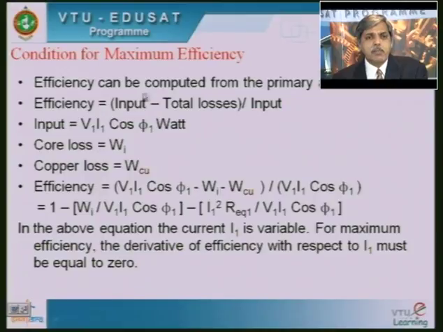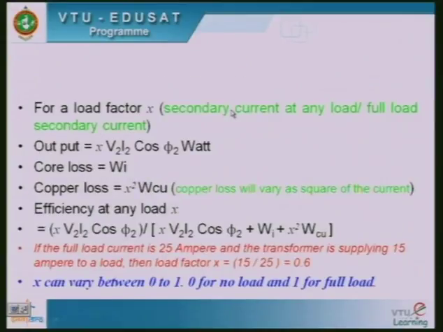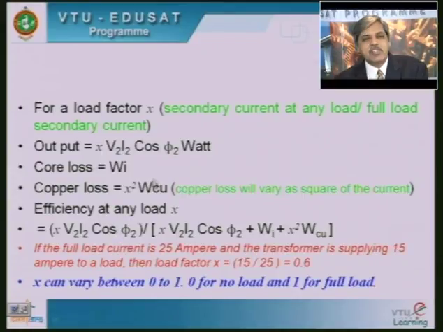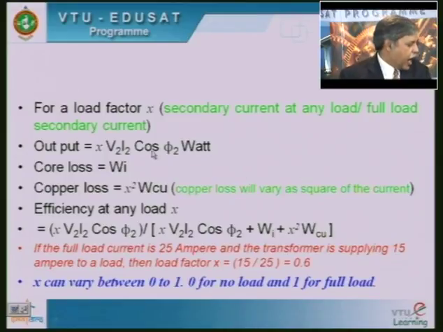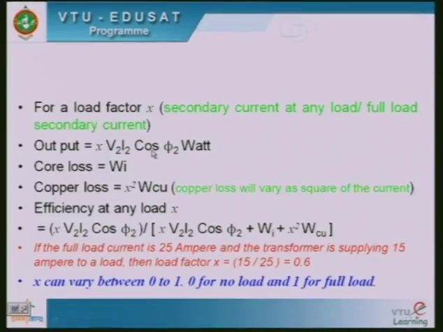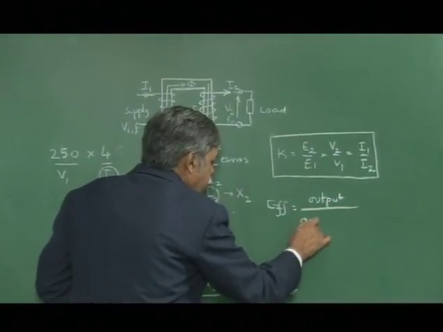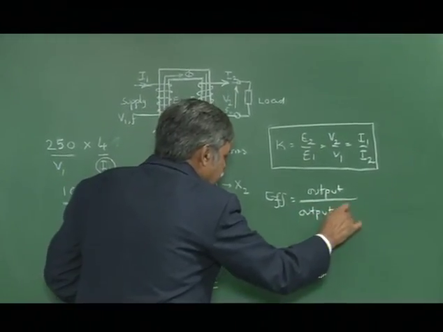Efficiency can be computed from the primary side also. In the previous slide, the equation I gave for the efficiency was with respect to the output. Efficiency is usually written as output divided by output plus losses.